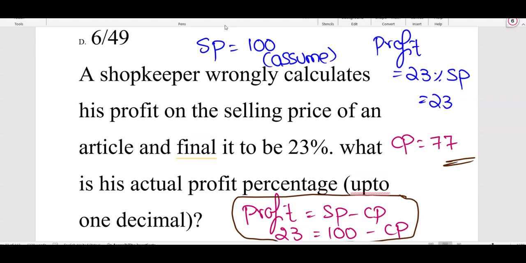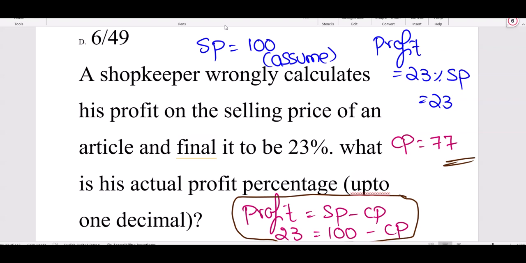Actual profit percentage means, as we said already, profit divided by cost price into 100. You have profit 23, you have cost price, into 100, answer complete. That's it, nothing miraculous. The question is not too difficult.